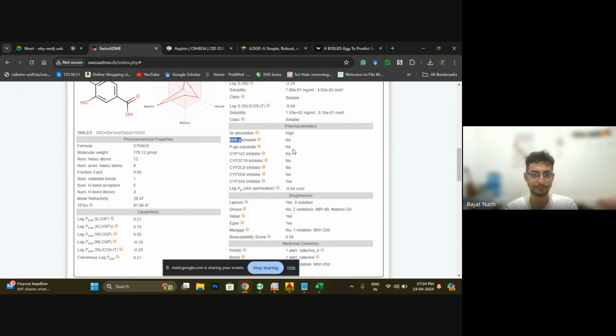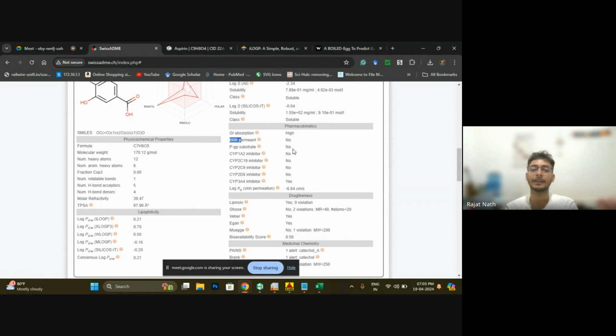So if you are working on Alzheimer's disease, Parkinson's disease or any other neurodegenerative disease, then it should be blood-brain barrier permeable. Otherwise, it can't go to the CNS, the central nervous system.